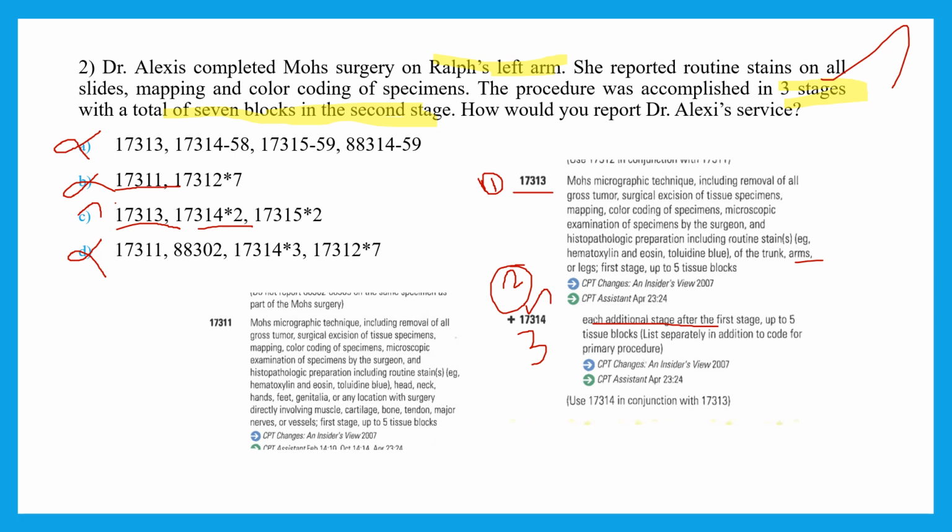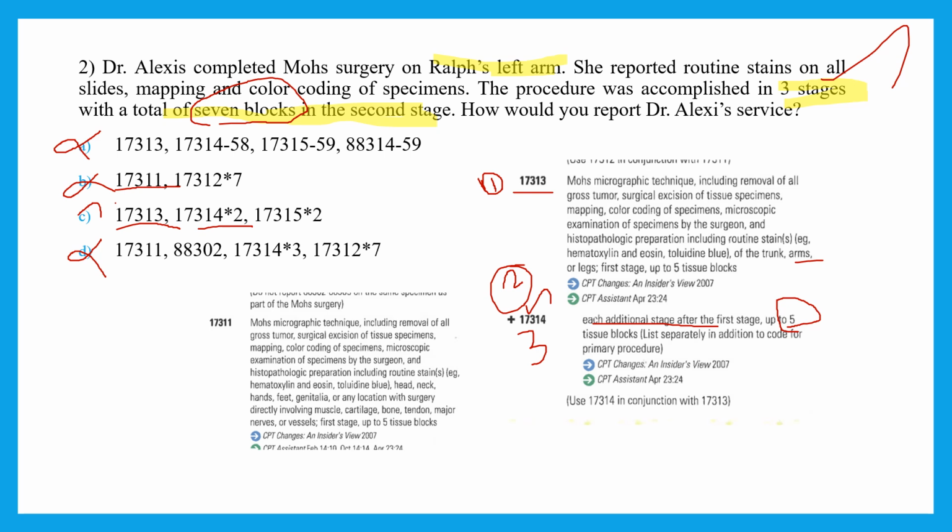Okay, now you can check the remaining also if you want to, and 17315 is for each additional block. Now in the second stage they mentioned 7 blocks, so we know that 17314 covers only 5 tissue blocks. For each additional block we need to code 17315.